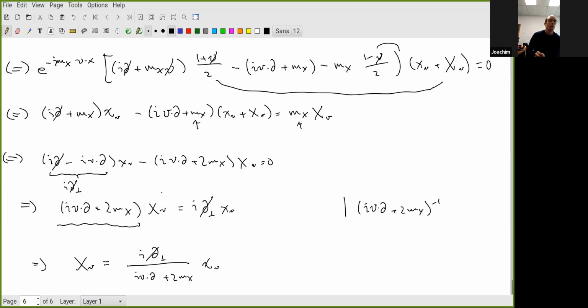So with this calculation, we have expressed these antiparticle components in terms of the particle components. So we can just use this to eliminate capital Chi.